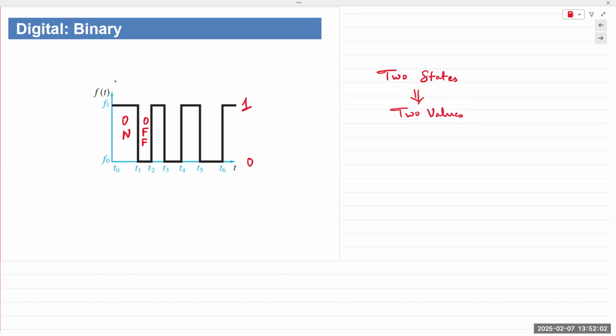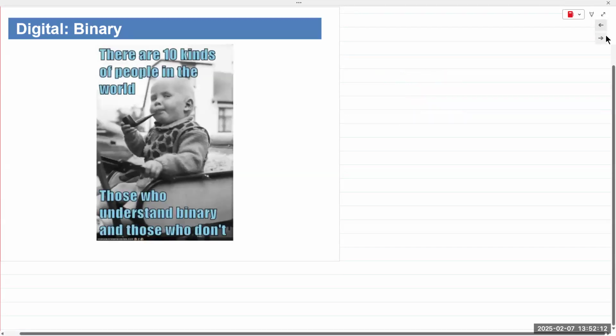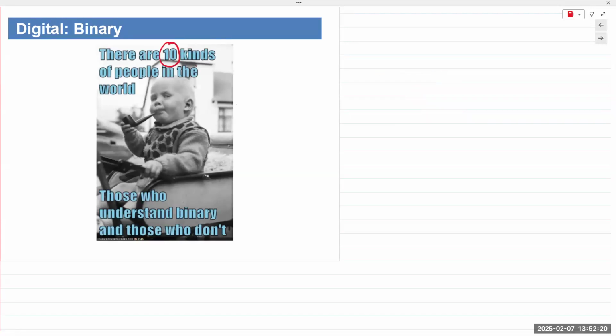So how many of you understand the binary number system? Got a very tall hand being raised, only one. Do you all understand this? Okay, that's good. In the binary number system, 10 represents decimal 2.